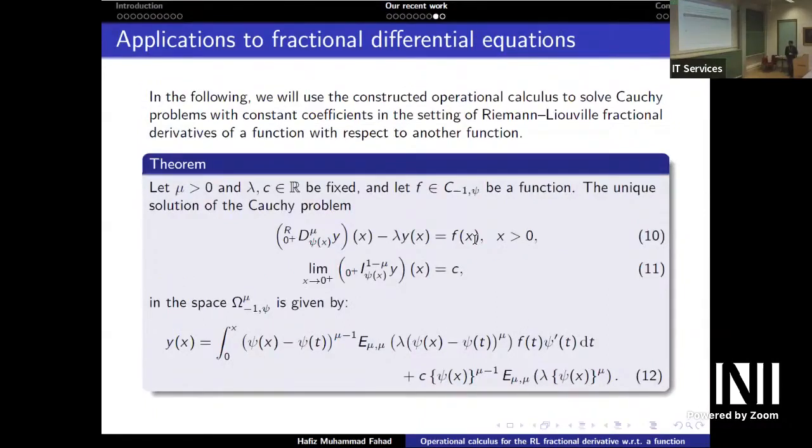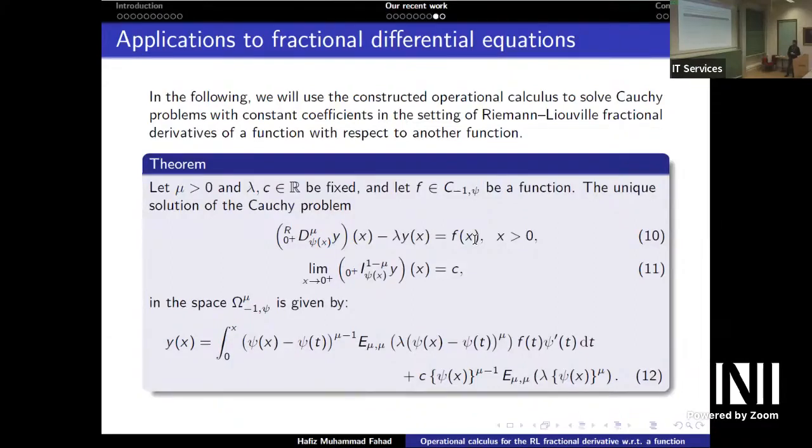Now let's try to solve some fractional differential equations using this newly constructed Mikusiński's operational calculus approach. Here in this theorem, in equation number 10, we have a differential equation in the framework of the Riemann Liouville fractional derivative with order mu greater than 0 of a function y with respect to a function psi.